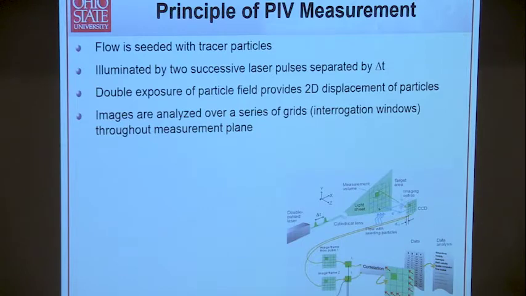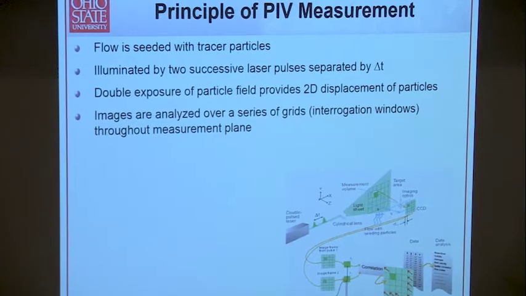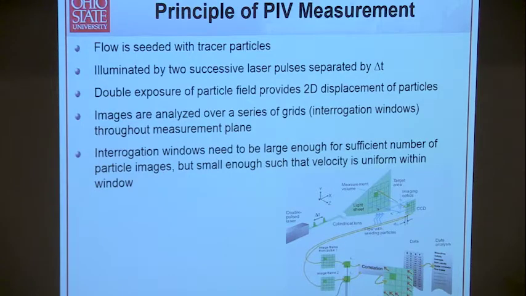Images are analyzed over a series of grids, which are called interrogation windows. Okay. These interrogation windows need to be large enough such that there's a sufficient number of particle images, meaning images of particles, but small enough such that the velocity is uniform within the window. And there are a lot of key words in here that we're going to come back and tackle.